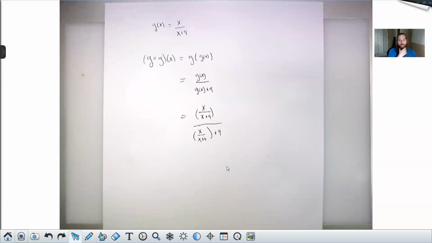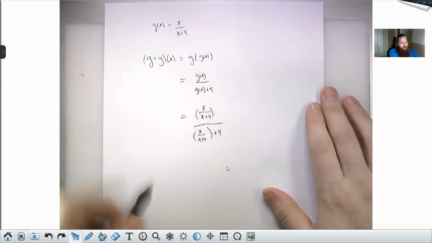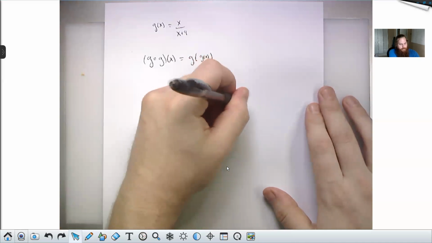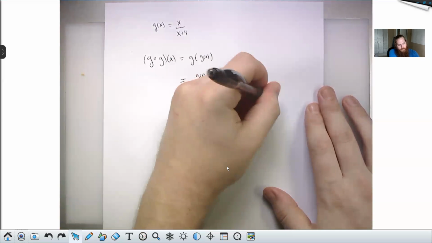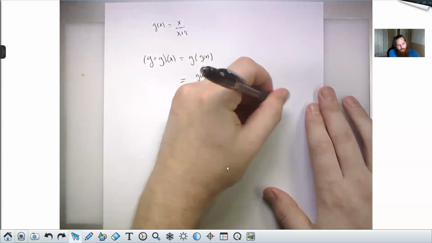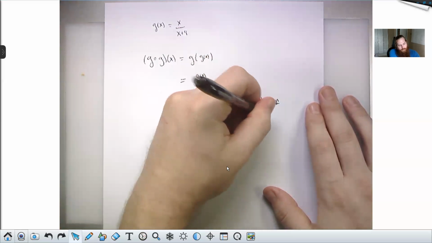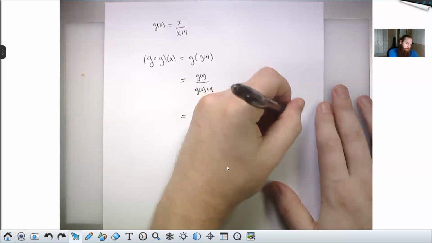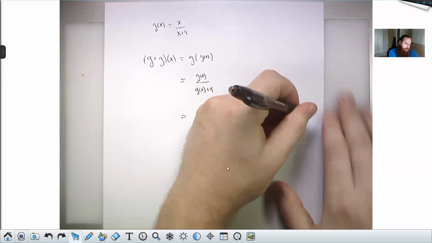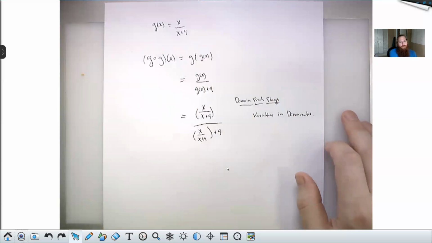Okay. If we want to find the domain, we have to think about what sort of things could upset this function. So what sort of domain red flags does it have? Definitely there's variables in denominators, and that's happening in a bunch of places down here.